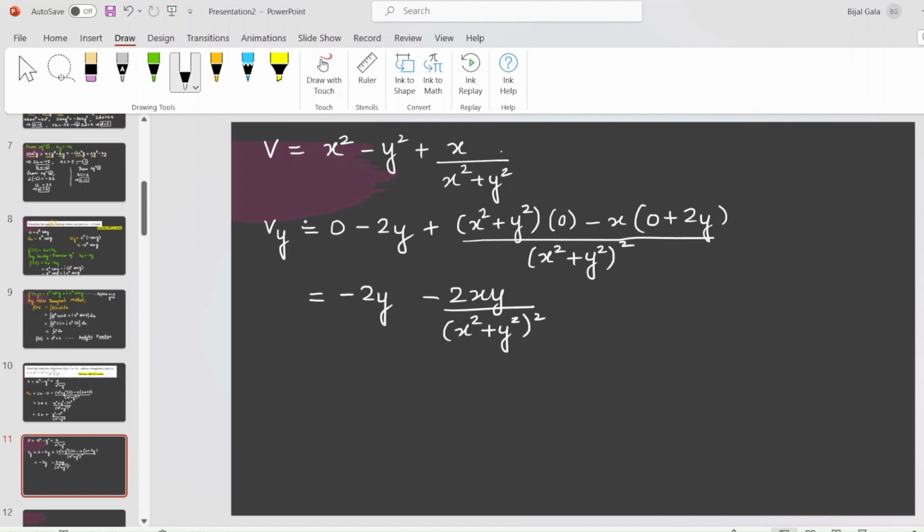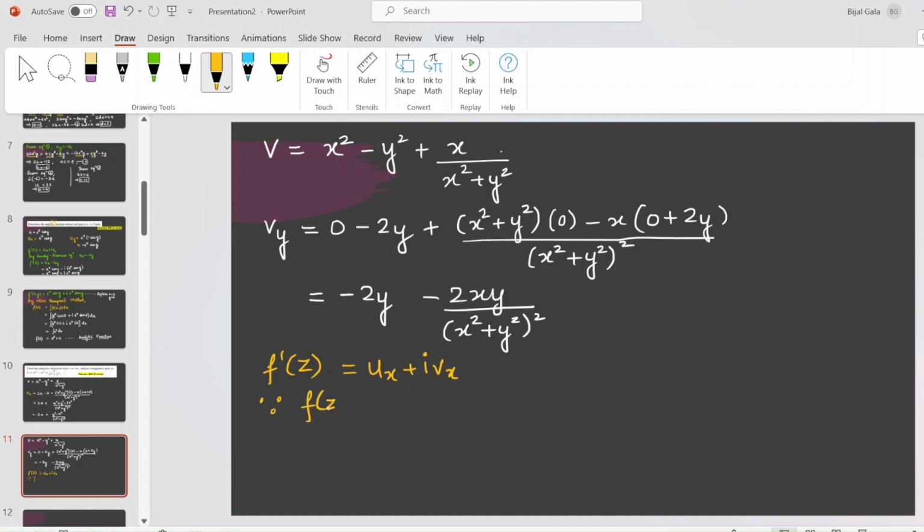This is Vy. Now it's given to us that f is analytic. Also, we are expected to find f. So we started with the formula of f dash like we did last time. F dash of z over here is equal to ux plus ivx. We don't know ux, so we'll use Cauchy-Riemann equations.